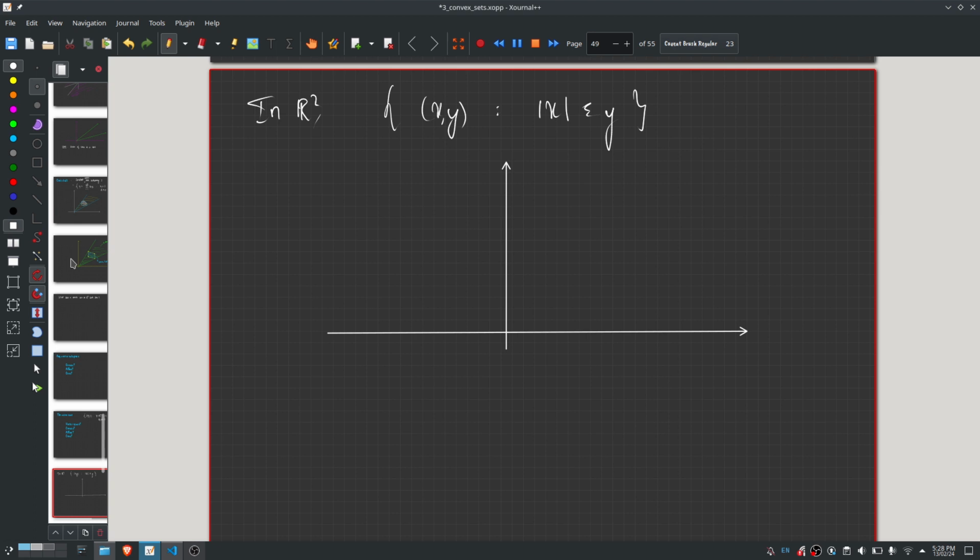So visually, geometrically, what does it look like? Okay, so I have lines. Can you describe it? Okay, I have y equal to x and y equal to minus x. What region is this?